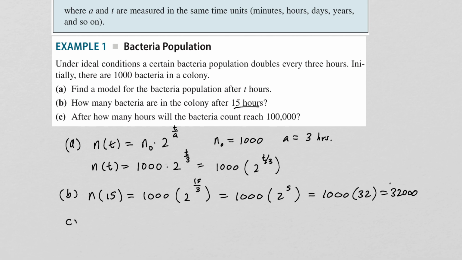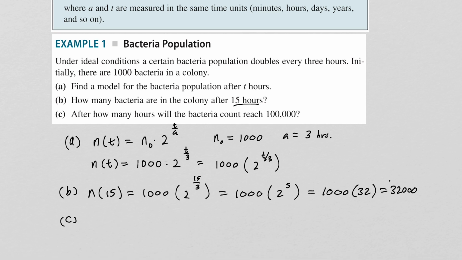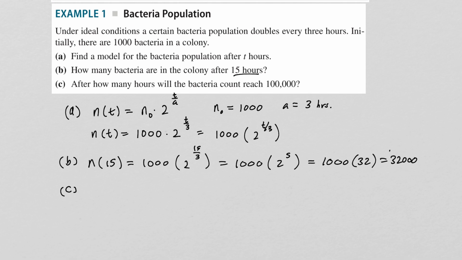And in part C, after how many hours will the bacteria count reach 100,000? So we want the number of bacteria to be 100,000. We're going to plug 100,000 into our model. If we do that, we get 100,000 is equal to 1,000 times 2 to the t divided by 3.